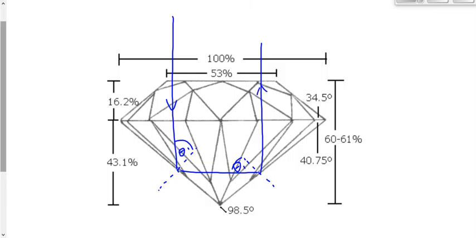Now, why does this sparkle more than if the light just went through the diamond-air boundary and then left the diamond? Well, because every time light reflects, you see a sparkle. So if we shine the light in like this, we're going to see a couple of sparkles right here, sparkles right here, and then the light comes right back at you right here.